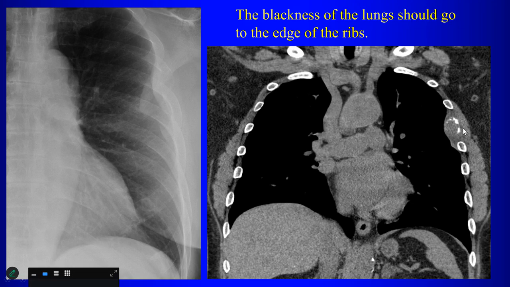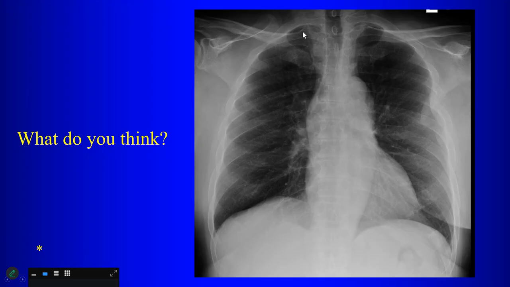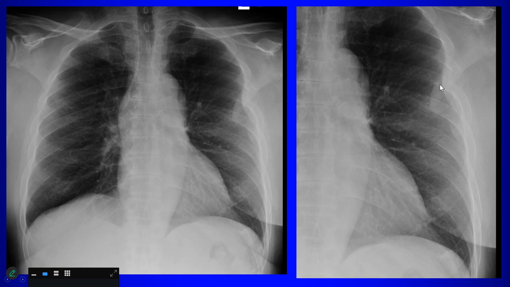Okay? One of the most important rules: the blackness of the lungs should go to the edge of the ribs. That's true in the apices. That's true along the lateral aspects of the chest. The blackness of the lungs should go to the edge of the ribs. You look here, there's something here.